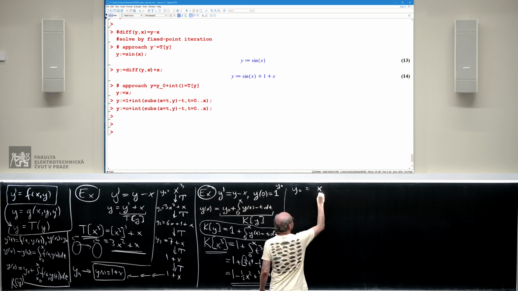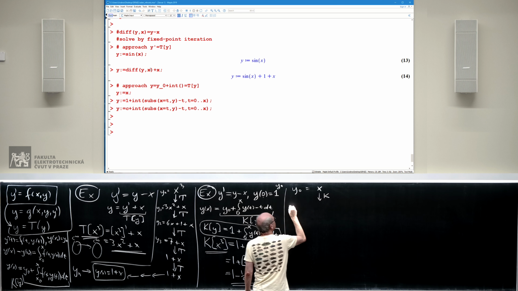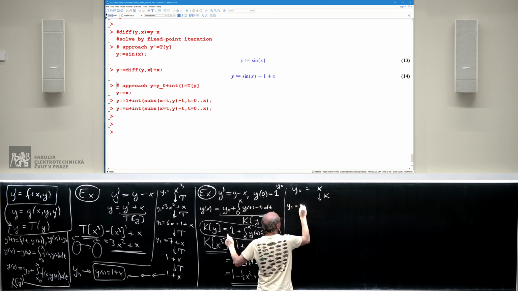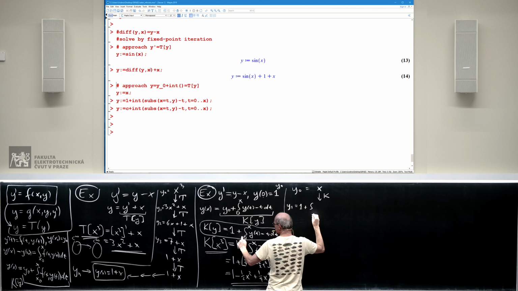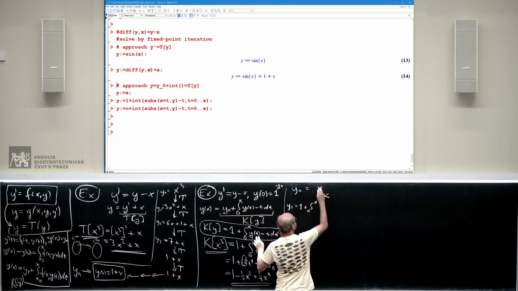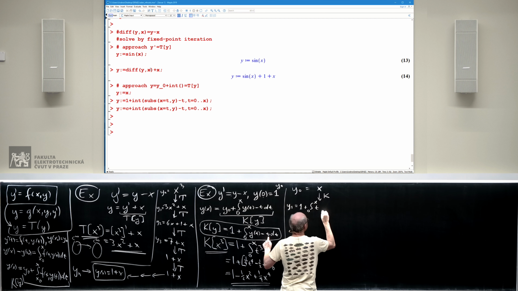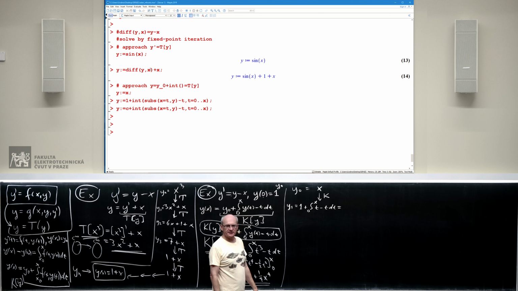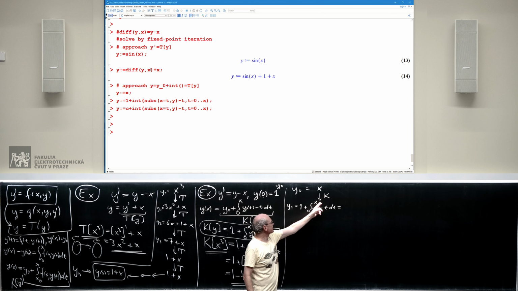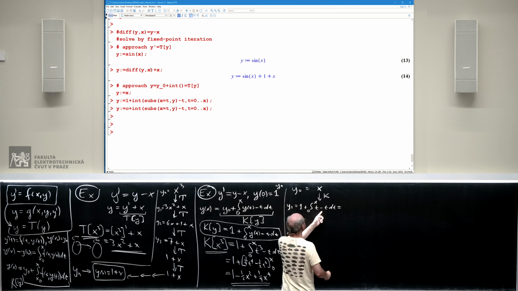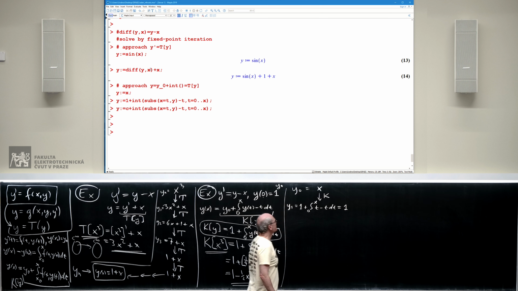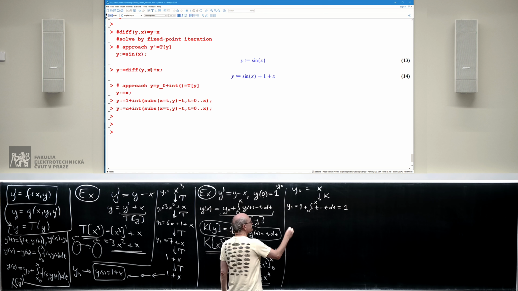So, when I apply k, I get y1, which is, let's see, here is the formula. 1 plus the integral from 0 to x of my function, which is t minus t dt. Well, that's actually fairly simple. T minus t cancels. The integral of 0 is 0, it's just 1. So far, so good.